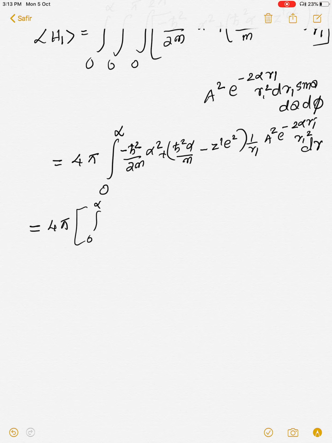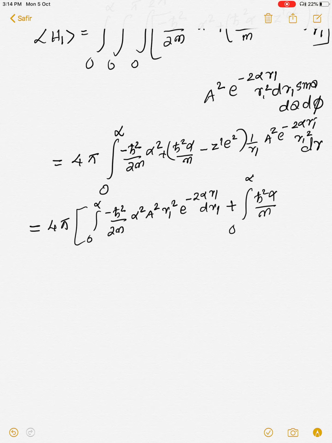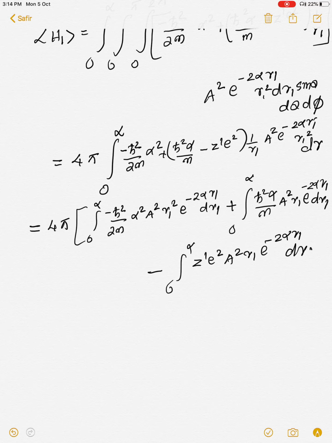0 to infinity minus h cut square by 2m alpha square a square r1 square e power minus 2 alpha r1 dr1, plus the second term 0 to infinity h cut square alpha by m a square r1 e power minus 2 alpha r1 dr1, minus the third term 0 to infinity z prime e square a square r1 e power minus 2 alpha r1 dr1.